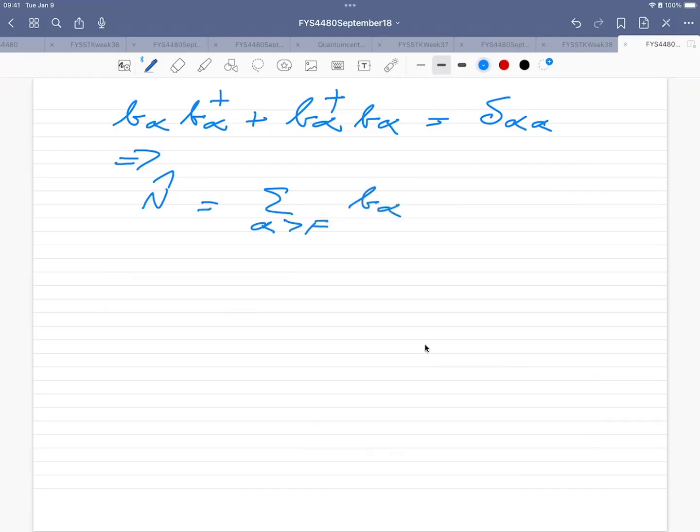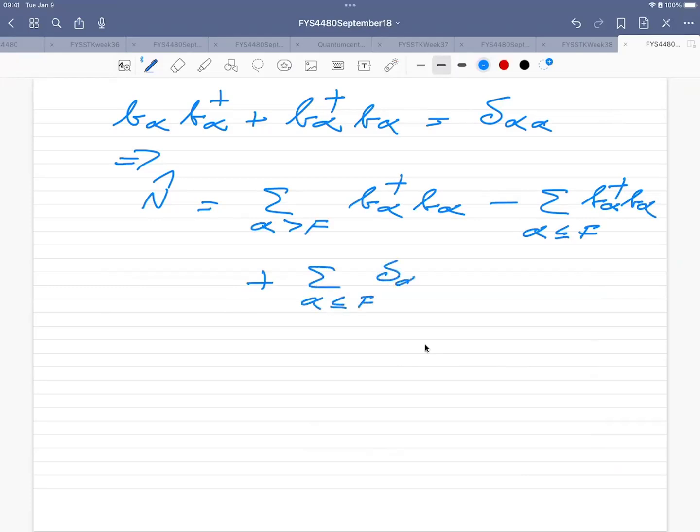And here it's already normal ordered, b alpha dagger b alpha. And then I have minus, and now I have a new term here, minus b alpha dagger b alpha for alpha below the Fermi level. But then I have plus the sum over alpha less than or equal to the Fermi level of delta alpha alpha here, because I'm just putting in the Kronecker delta.